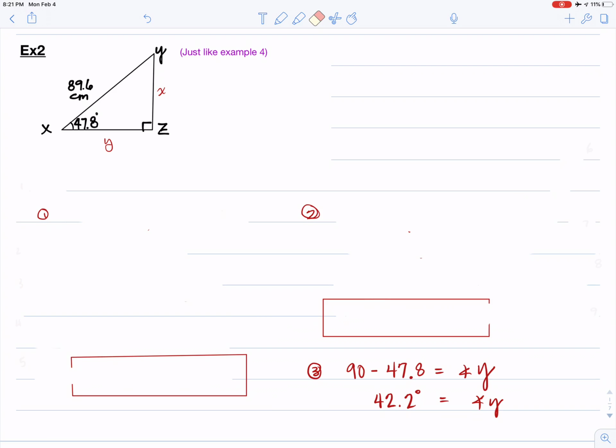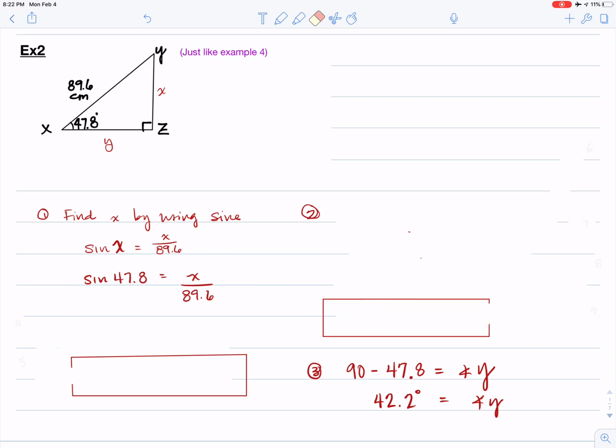So let's take a look then at the first thing that I would like to do, and that is I want to find side X. And I'm going to do that by using my sine. Remember that sine is opposite over hypotenuse. And so I'm going to take my already existing angle X, and sine of X is going to be opposite, which is side X, over my hypotenuse, which is 89.6.